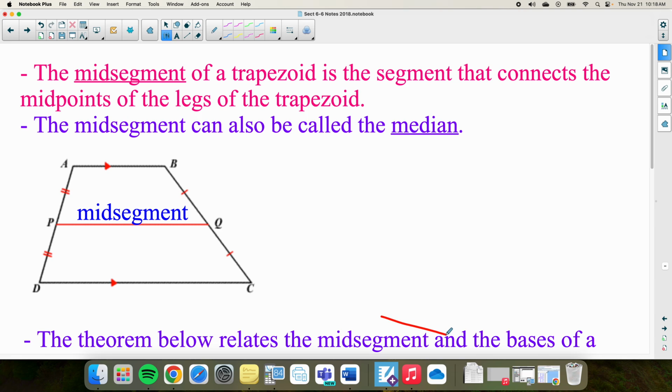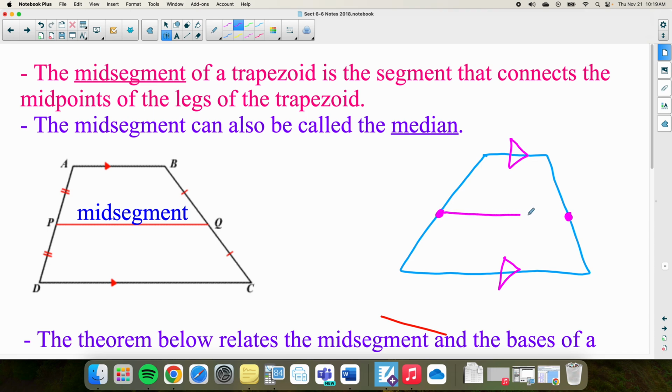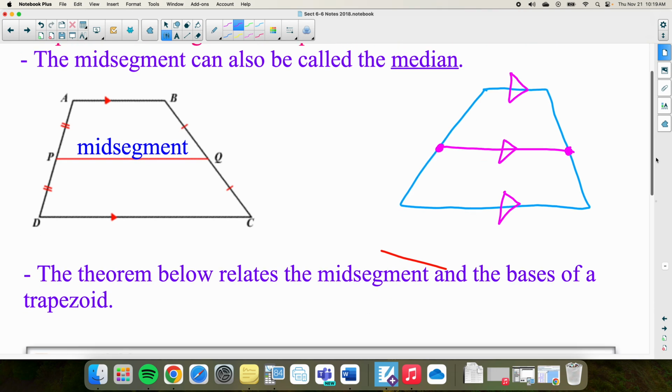But basically what it is, if you draw a trapezoid, and these are your two parallel sides, if you found the midpoint of this side and the midpoint of this side and connected those, this is your mid segment, and it would also be parallel to those sides. It can be called a mid segment or a median. Our book calls it a mid segment, okay?